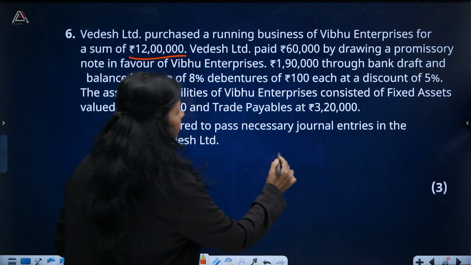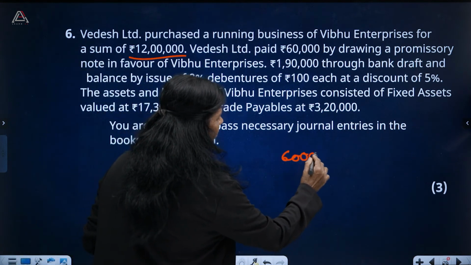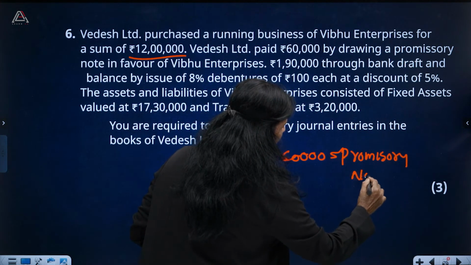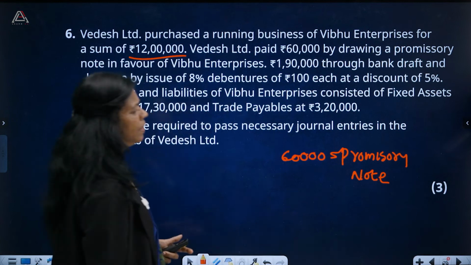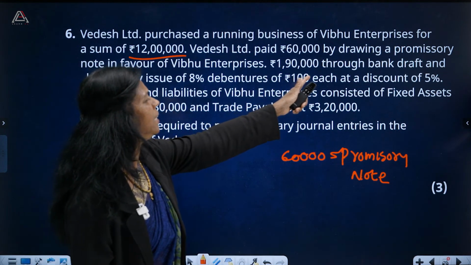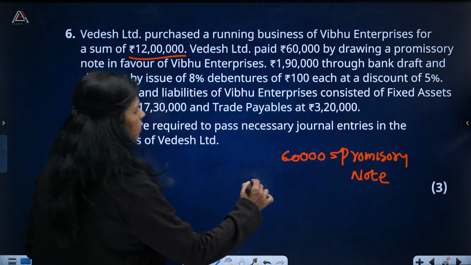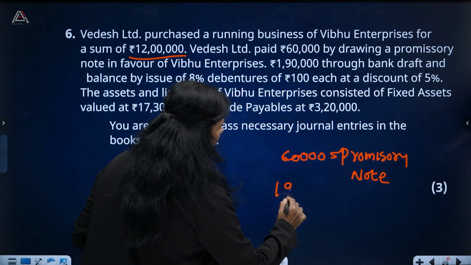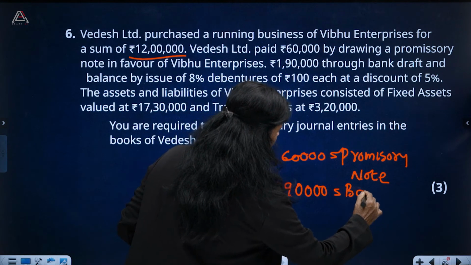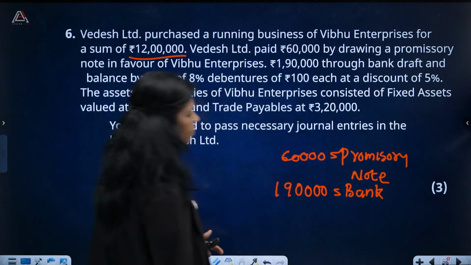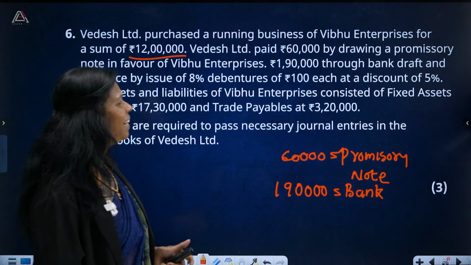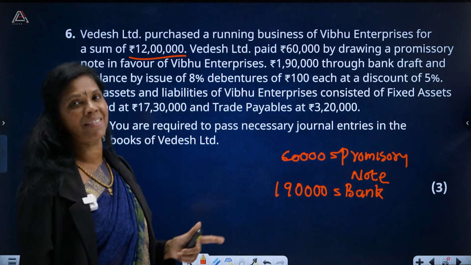So, 60,000 by promissory note. Then 1,90,000 through bank draft.